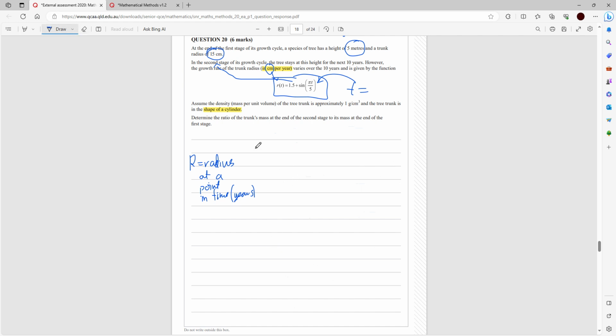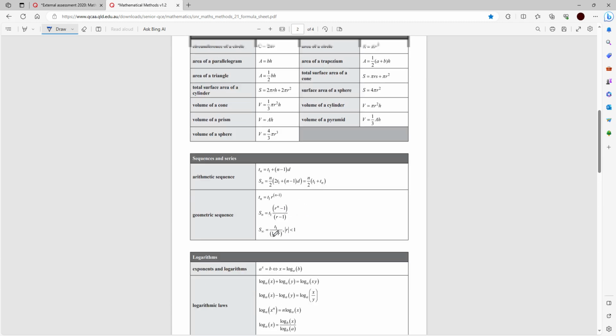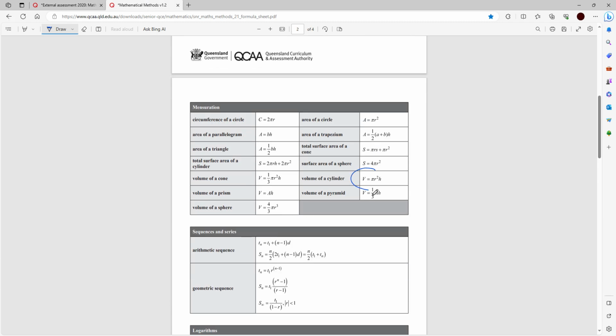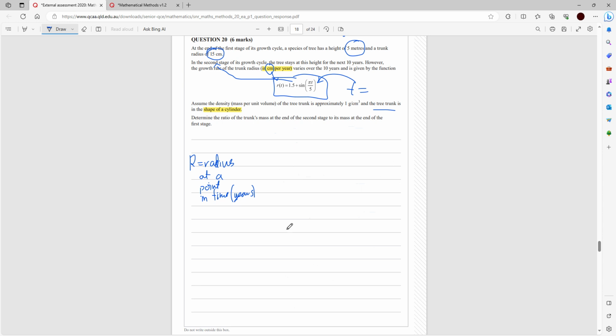So assuming the density, mass per unit volume, of the tree trunk is 1 gram per centimeter cubed, the tree trunk is in the shape of a cylinder. So go straight to your formula sheet and write down the volume for a cylinder. So volume is equal to pi r squared times height.